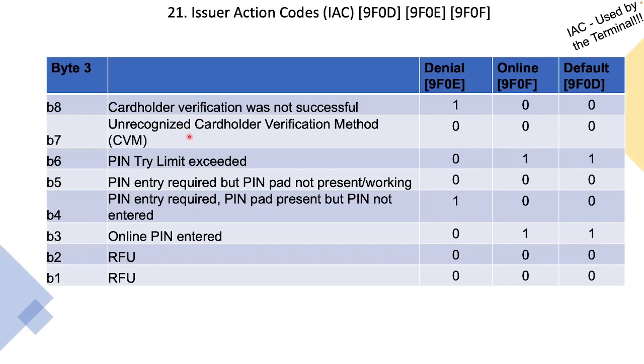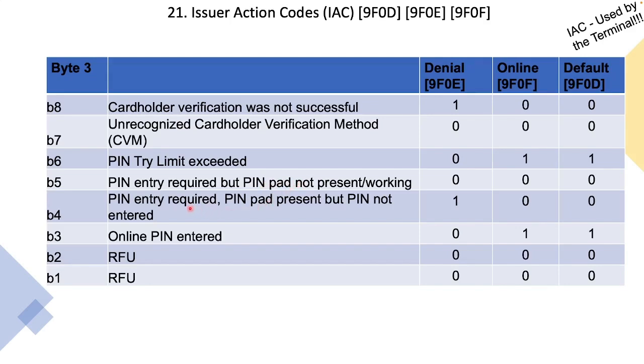So yeah, it's not one of the CVMs that are listed on the card CVM list, right? What happens if your offline PIN trial limit is exceeded? What happens if a PIN is required for a transaction, but the terminal has flagged its PIN pad as not present or not working, right?